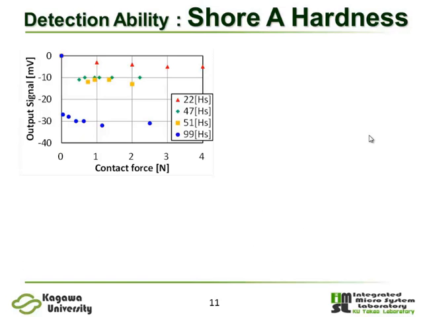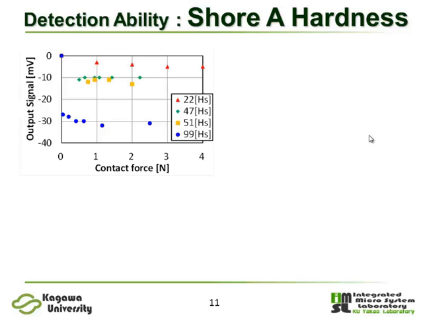Finally, hardness detection ability of this device was evaluated using 3 kinds of samples with different materials. In this study, Shore A hardness is employed as a unit of hardness measurement. First, the function of the reference plane on hardness measurement was confirmed.